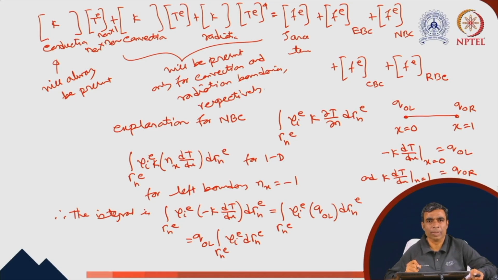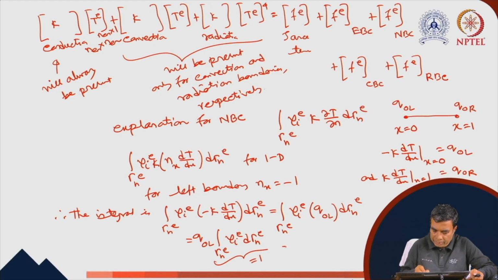So the node at the left boundary at which temperature is unknown, their entire heat flux is taken by the node itself. It means that this integrand must be equal to 1. So it means that this gives us the q_0L quantity.